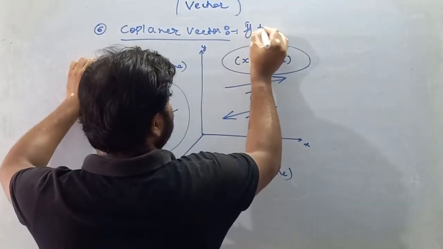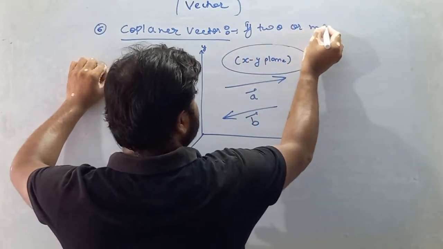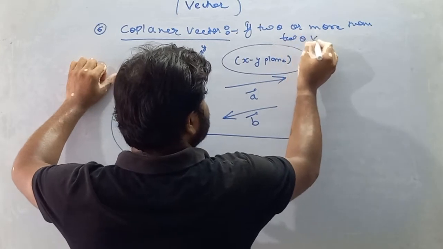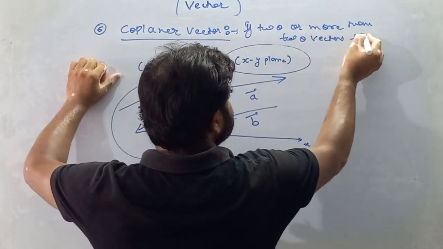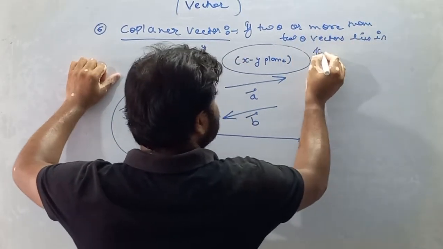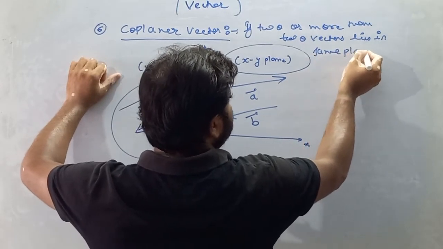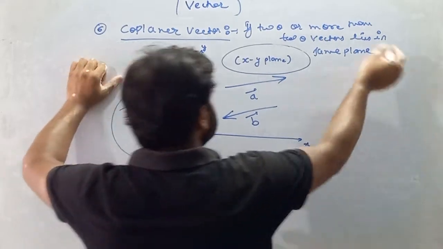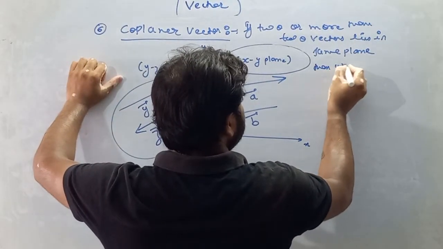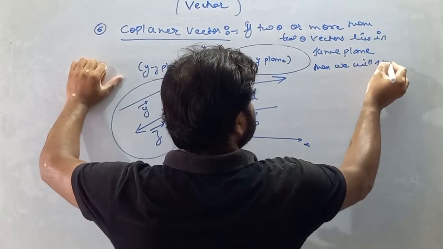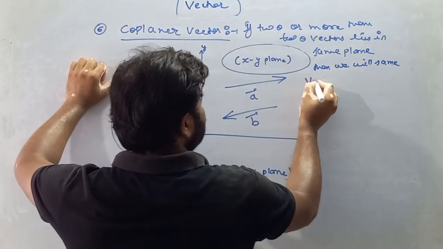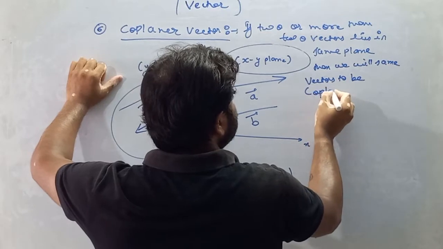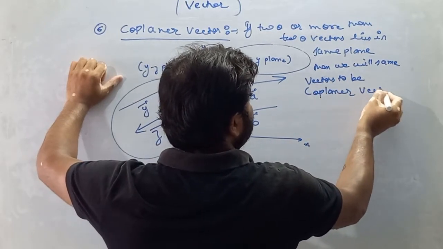If two or more than two vectors lie in same plane, then we will say vectors to be coplanar vectors.